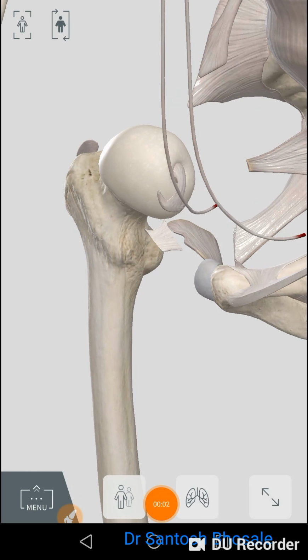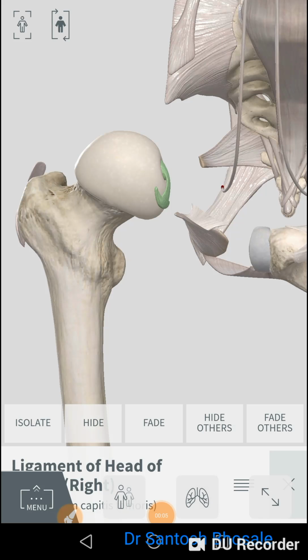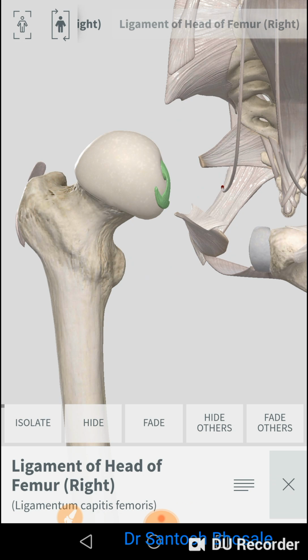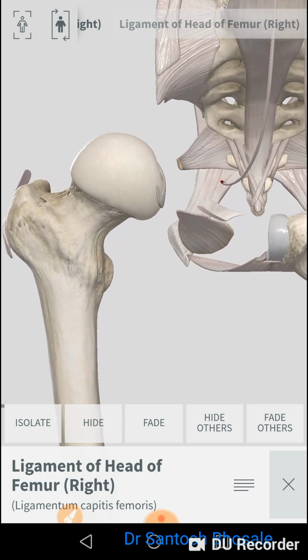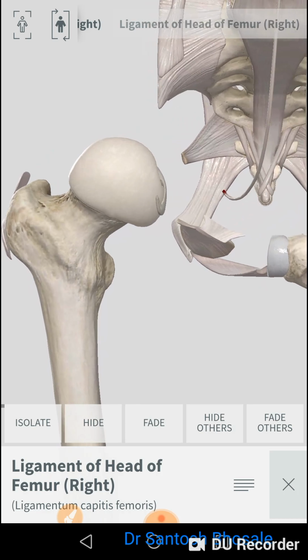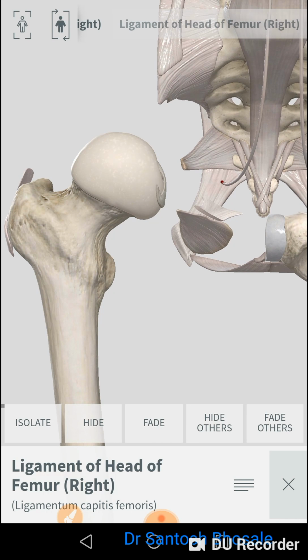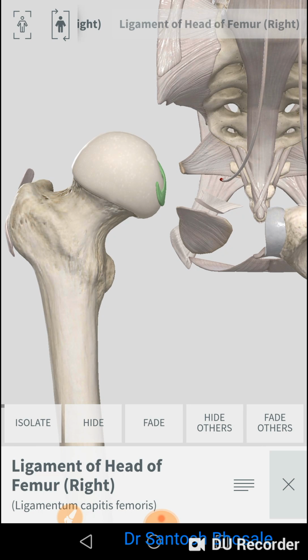You can see here the fovea capitis gives attachment to the ligament of the head of the femur, also called the ligamentum teres capitis femoris, which will be attached to the acetabulum. During the earlier days of childhood, the branches of the acetabular or obturator arteries pass through this ligamentum teres to supply part of the head, as the head is not completely fused with the neck.